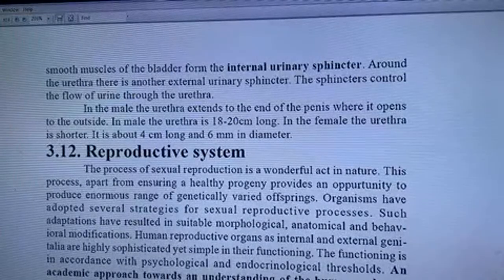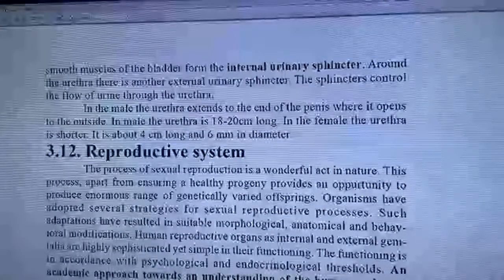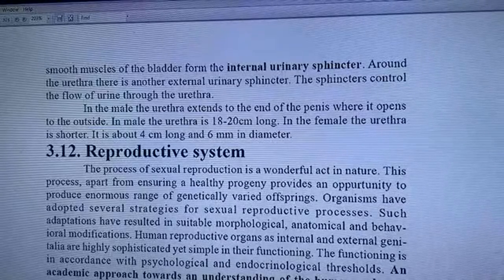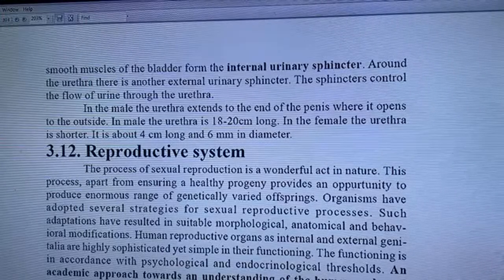Around the urethra, there is another, external urinary sphincter. The sphincters control the flow of urine through the urethra. In males, the urethra extends to the end of the penis, where it opens to the outside. In males, the urethra is 18 to 20 centimeters long. In the female, the urethra is shorter. It is about 4 centimeters long and 6 millimeters in diameter.